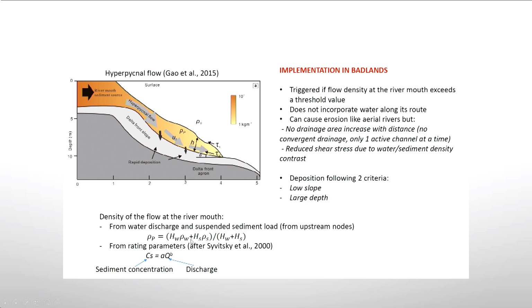Or you can use rating parameters that are applied to the Var River, that are very specific to the Var River, and which will give you approximately the same thing. And this is how you can trigger submarine high-density flow down to the deep basin. And then you can also use some criteria to determine when and where these sediments will be deposited. So this is the main implementation we had to do in the model.